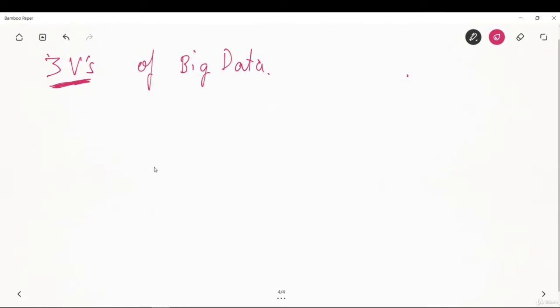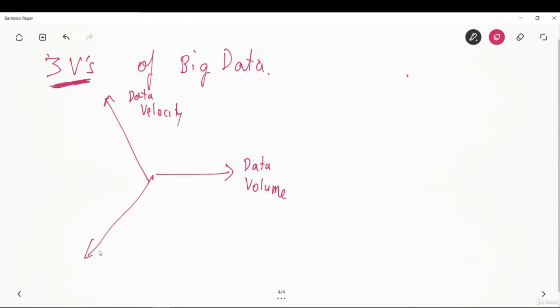So the 3 V's of big data are data volume, data velocity, and data variety.